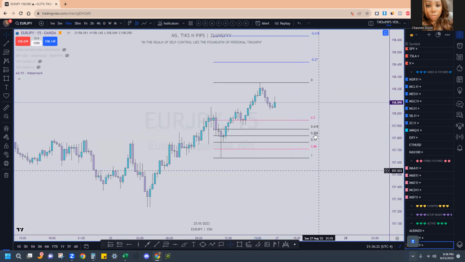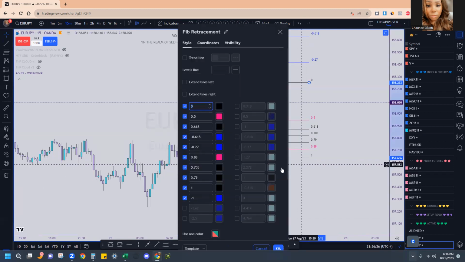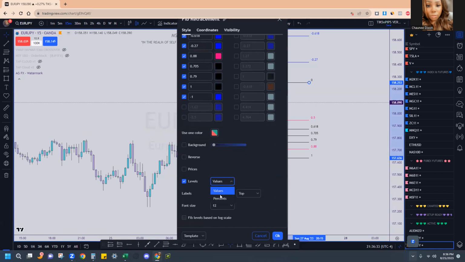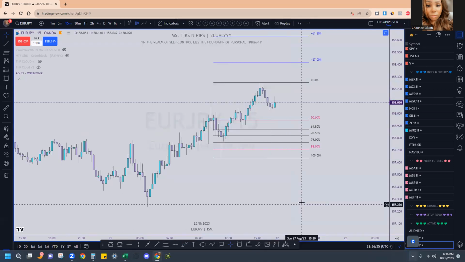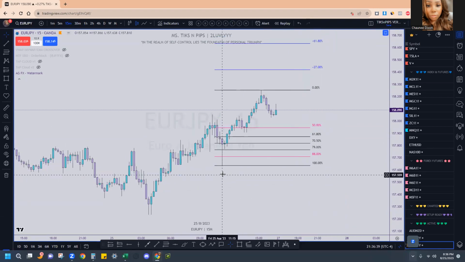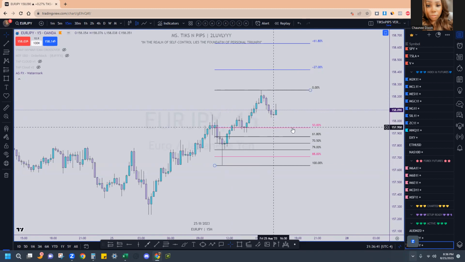Okay, and then if you look over here, these are in decimals, so I'm going to change these to percentages for the sake of the webinar today. Okay, so right here is the 50% level. What we would anticipate is for price to come past the 50% level here in our retracement move.